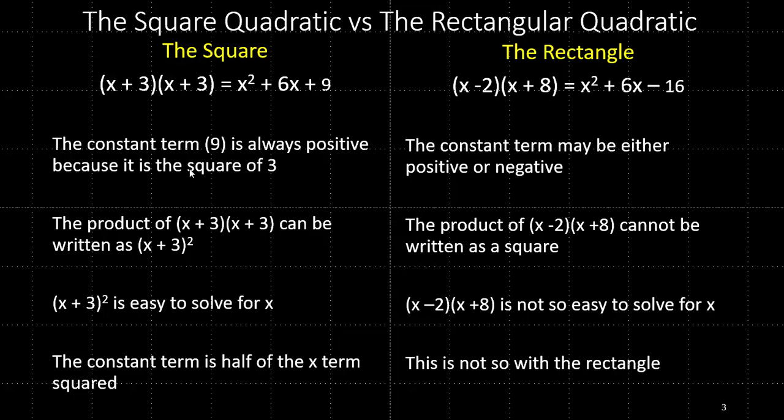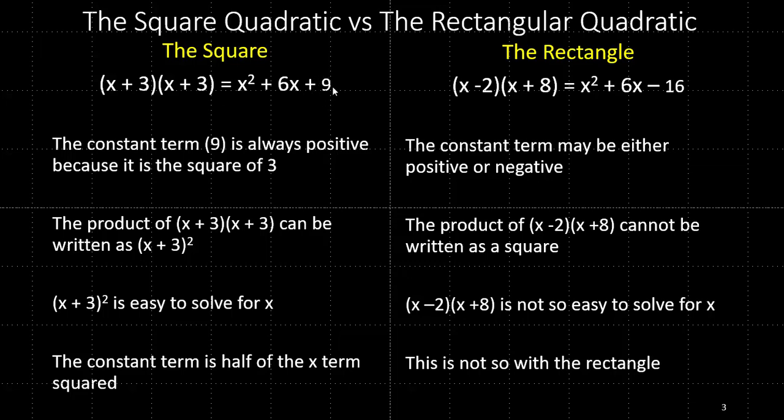So starting with the square, the first item, the constant term, in this case 9, is always positive because it is the square of this number right here in the binomials. For a square, this number and this number will always be the same, so you're squaring it even though it's negative, and a negative squared is still positive.